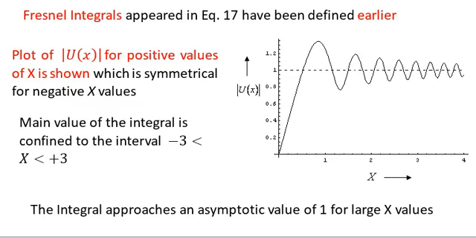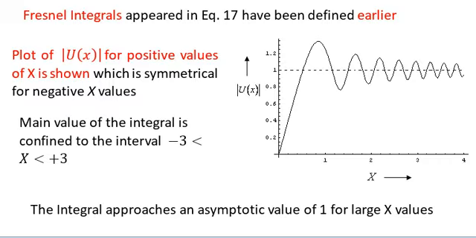So the plot of the absolute value of u of x, because you know that u of x contains complex variables also, that's why we are taking the absolute value of the output intensity being a single parameter, because it is complex amplitude. So absolute value of u of x for positive values of x is shown, which is symmetric for the negative values also. The main values of the integral are confined in the interval from minus 3 to plus 3.